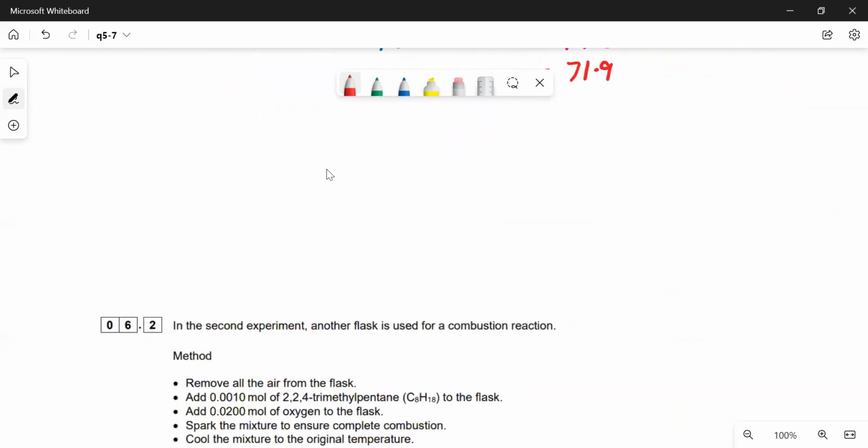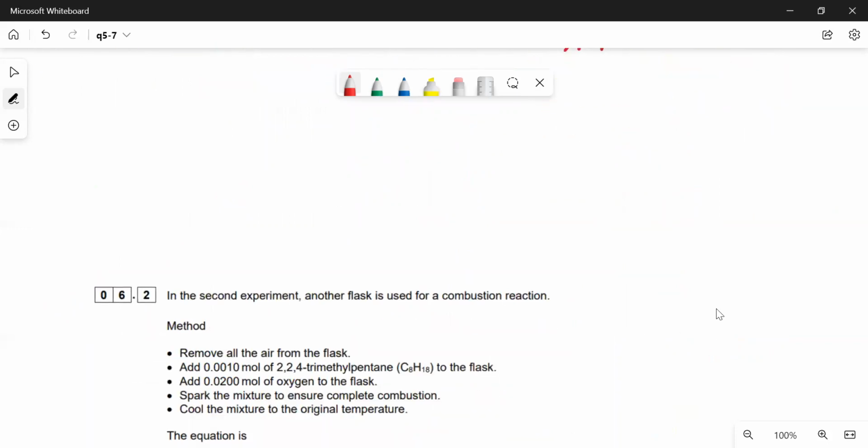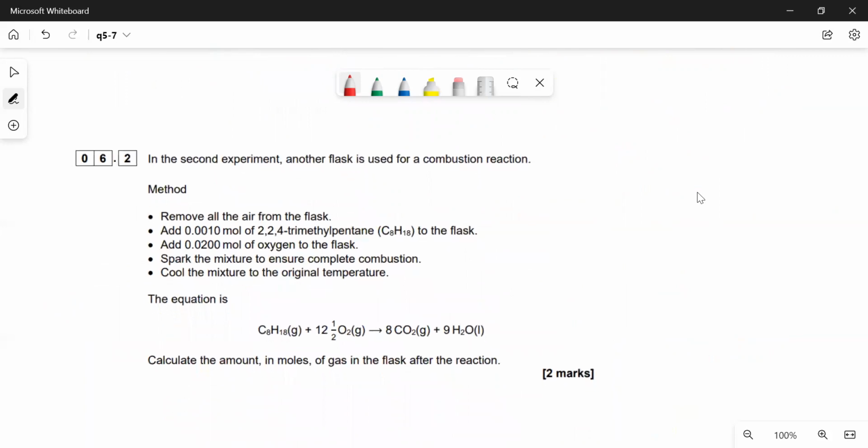In the second experiment about the gas, another flask is used for a combustion reaction. They've removed all the air from the flask. They put in 0.001 moles of trimethylpentane, and they add this much oxygen.